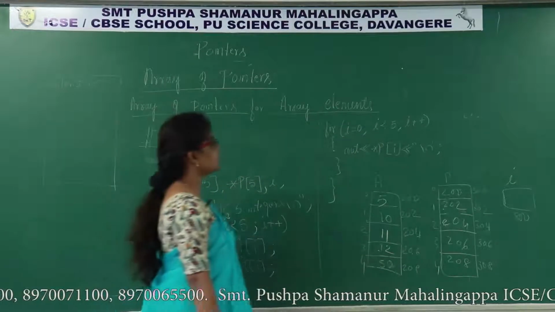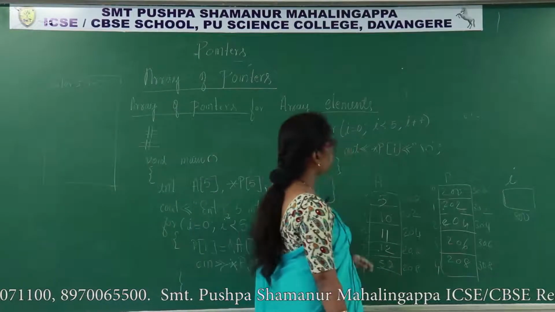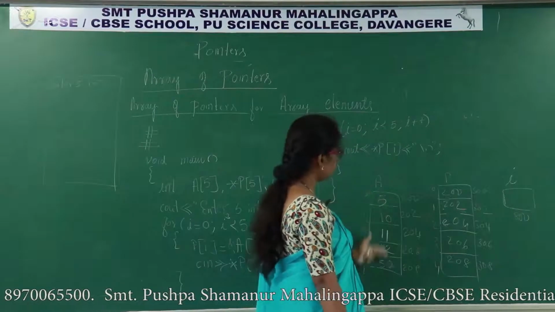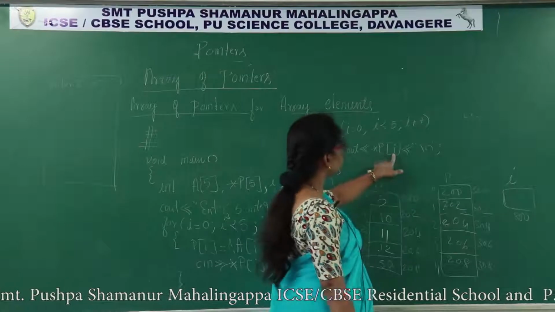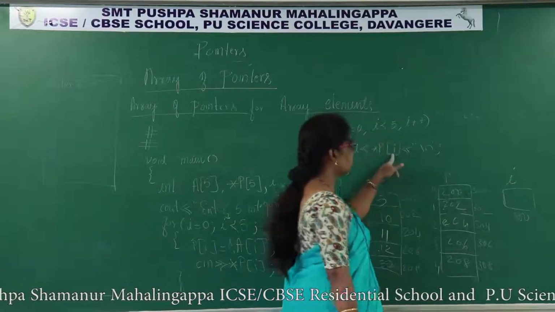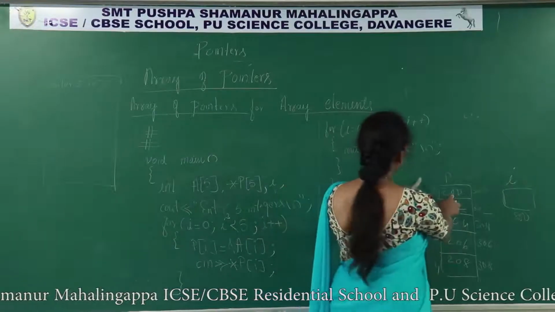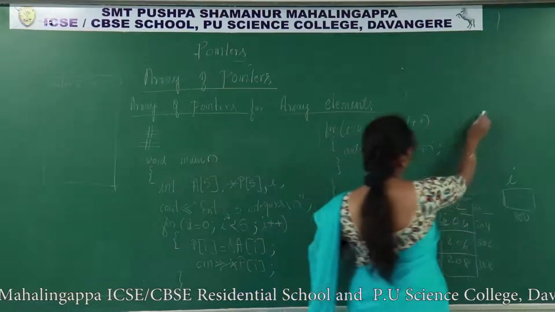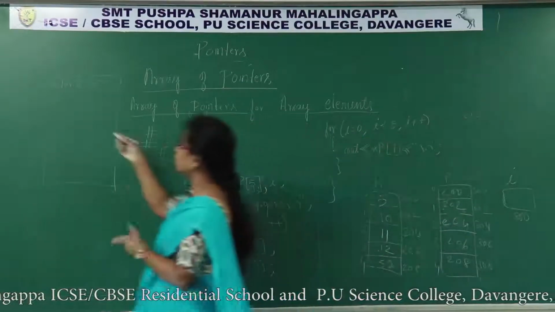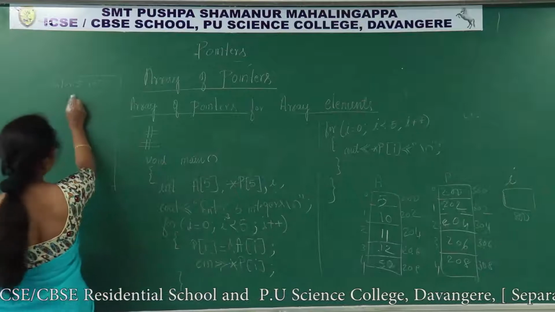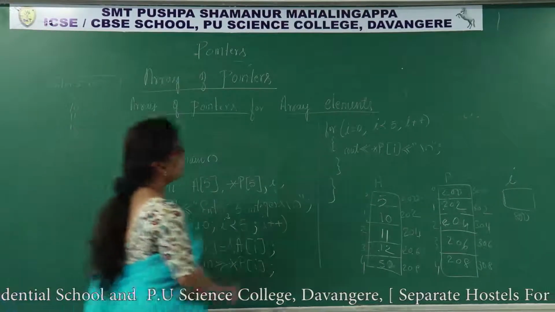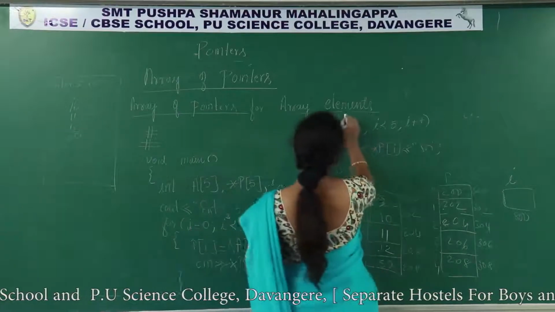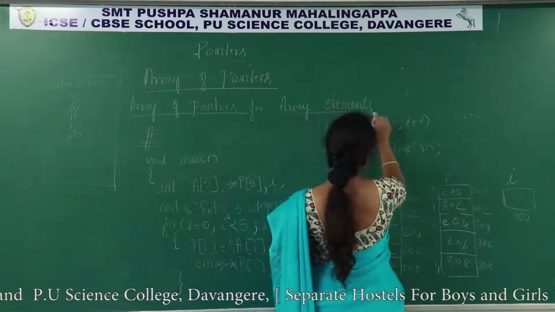So the next code is, we are going to display the contents of A using array of pointers. P of 0, first I is 0, P of 0, 200, star 200 means this value, 5 will be displayed on the screen. Already we entered the values. So now I'll give some statement here, cout "Array elements are".